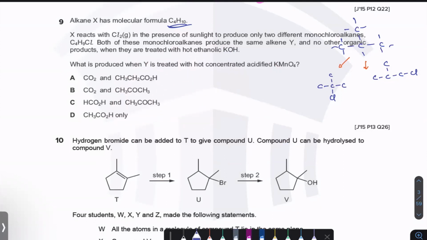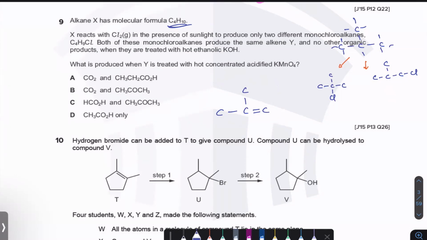अच्छा, अब इधर आ जाते हैं. In this one, if I remove this chlorine and this hydrogen, so what do I get? Sorry, I get, ये था ना, यहां पे डबल बॉन्ड बन जाती. And if I remove this chlorine and this H, again I get the same thing out.